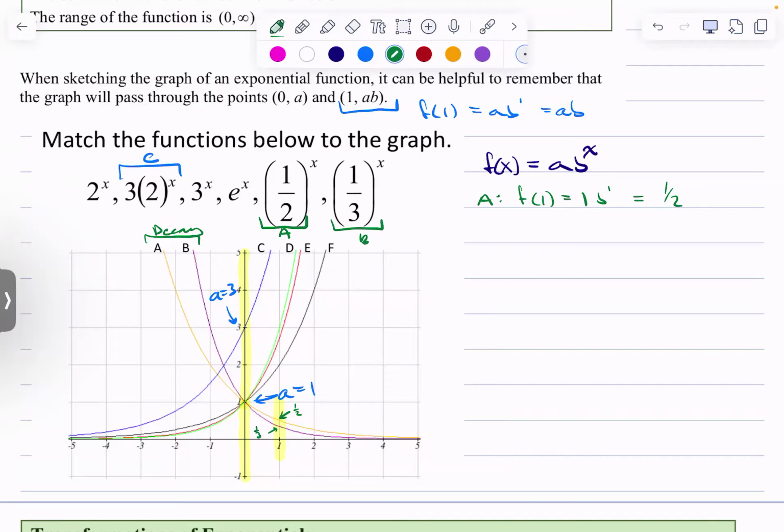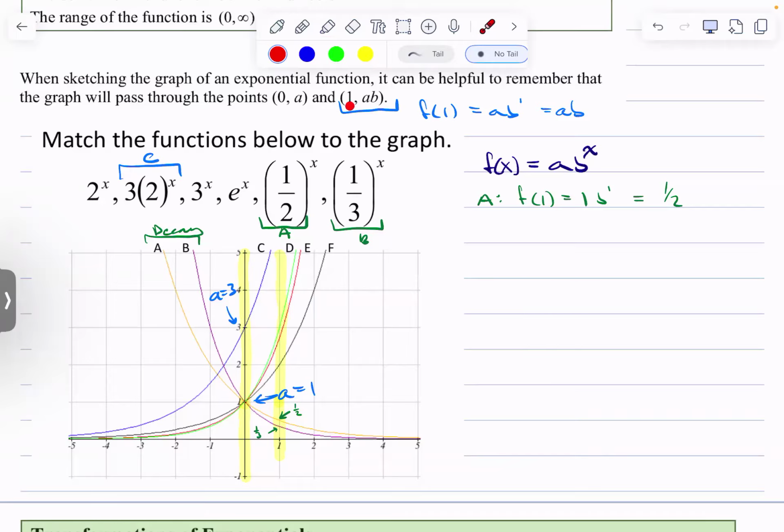Now we've got our growth graphs to deal with. We already handled C, and so we're really talking about D, E, and F. They're going to be very similar, but if there is a nice version where it crosses at x equals 1, let's have a look here. Because we know for all of these functions, a is 1.